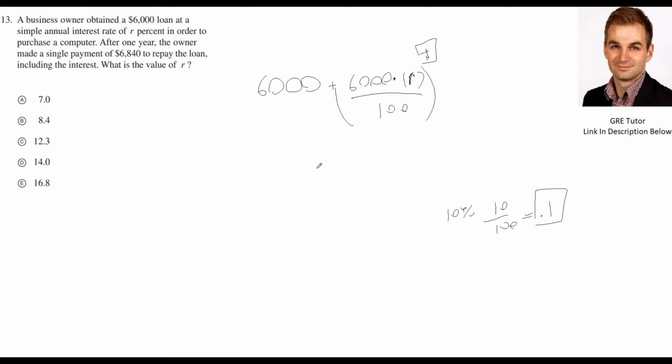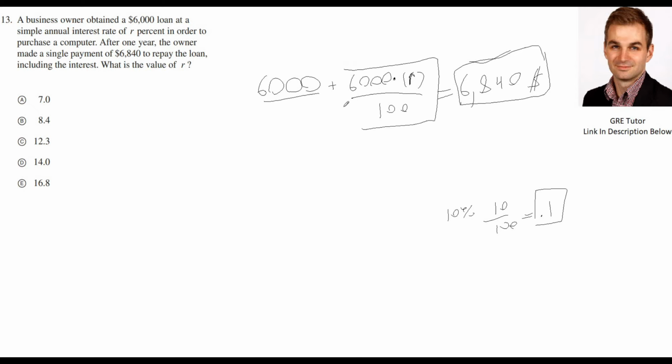You just know that after this happens one time, you end up with $6,840. That is the final amount, after 1 year of increasing 6,000 by this amount.